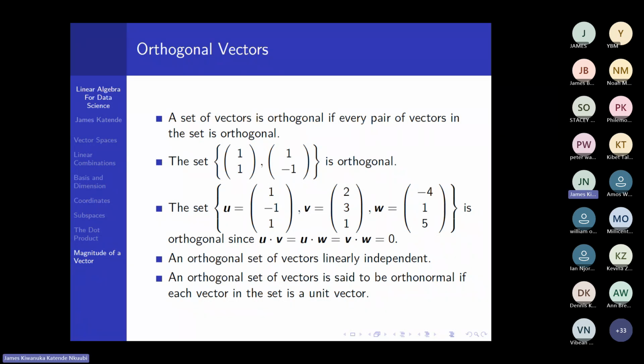So you can go a step further for an orthogonal set. If each vector in the set is a unit vector, we say that it's now orthonormal. Orthogonal simply requires them to be pairwise perpendicular, but in addition to that, if each vector in the set is also a unit vector, then we say the set is orthonormal.